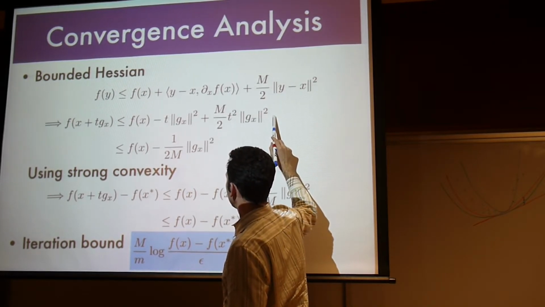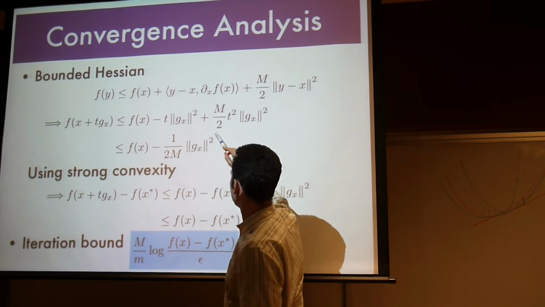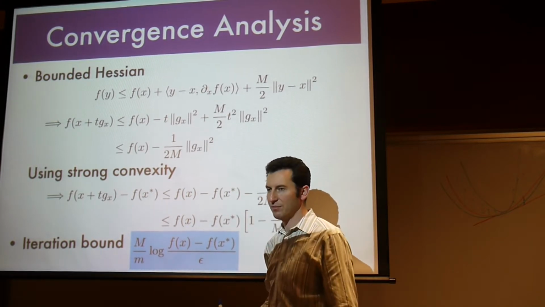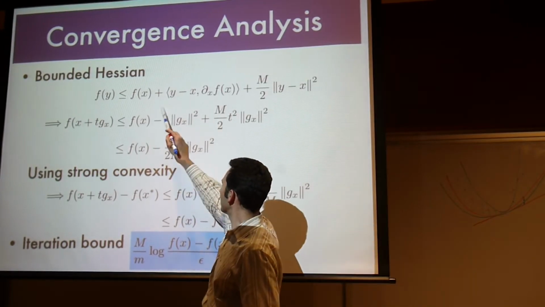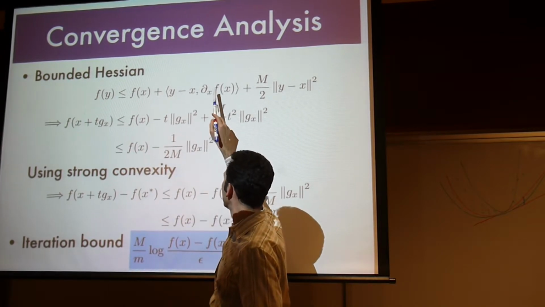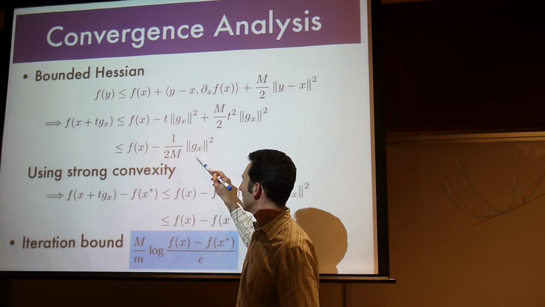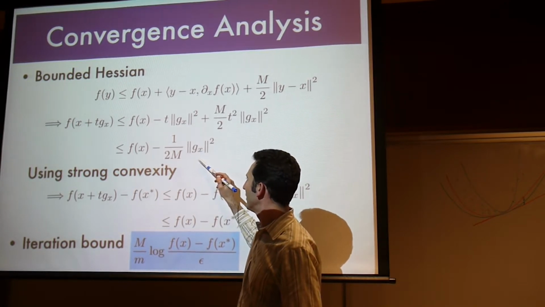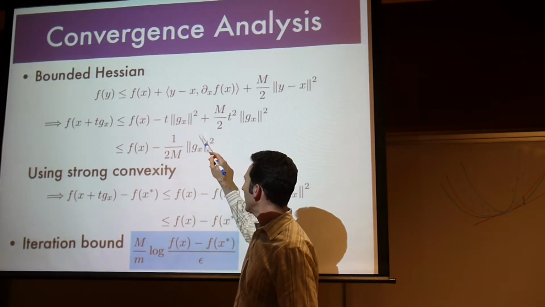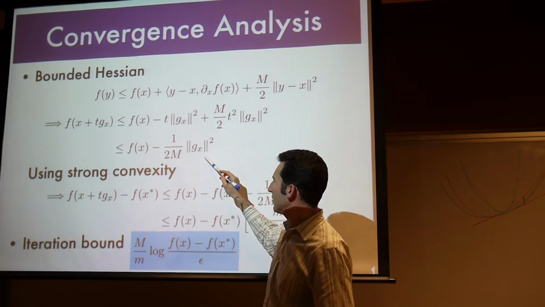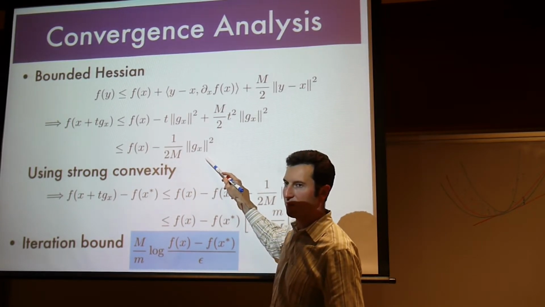So here g of x is the same as partial f over partial x. Yes, that's the slide here. Perfect. And then you just minimize that and you get this. So therefore, I know that this is at least the improvement that I'm going to make.